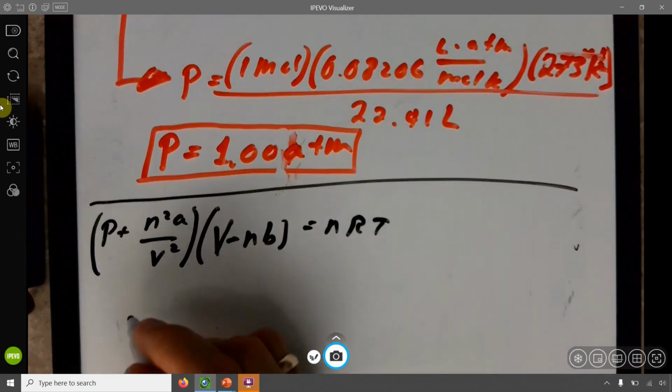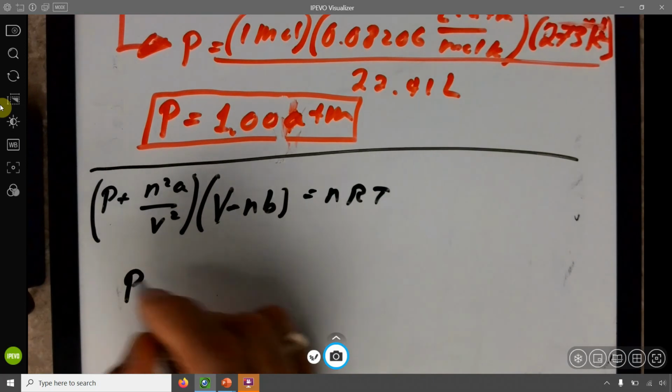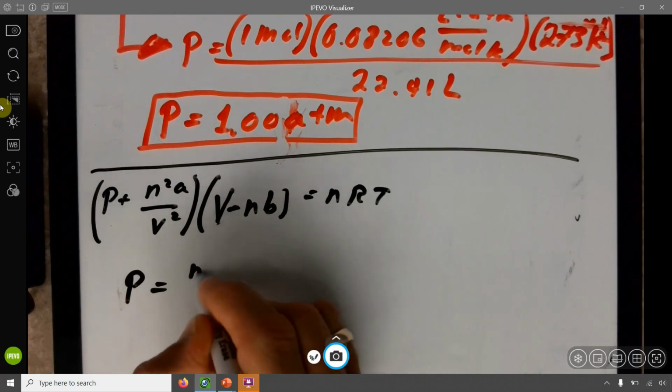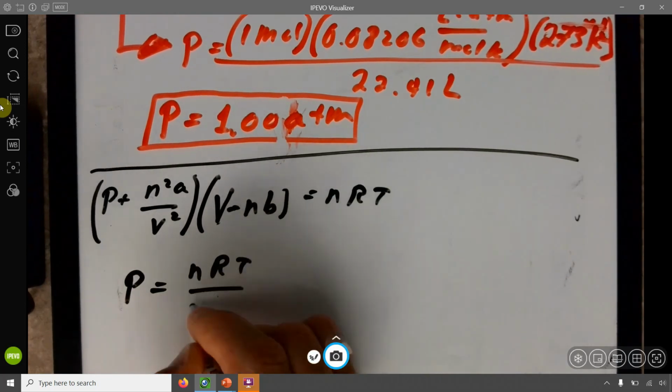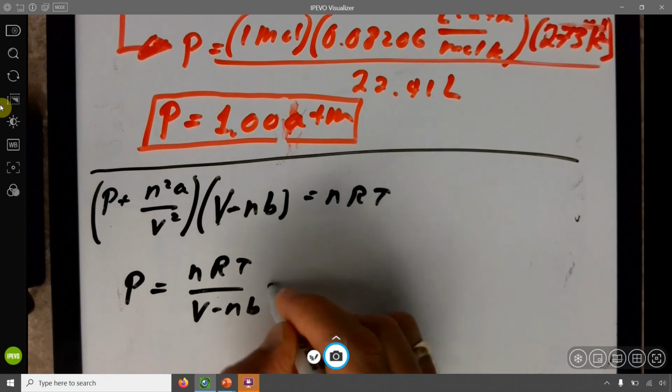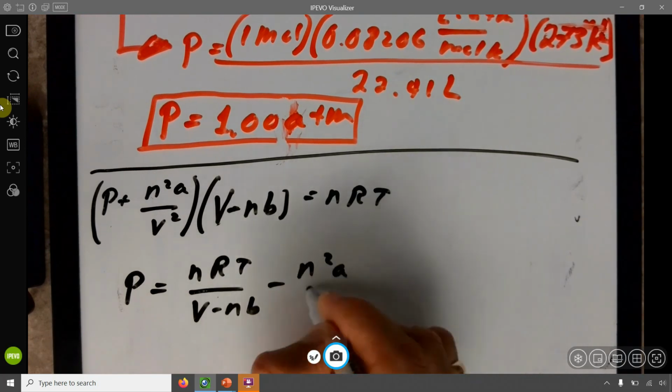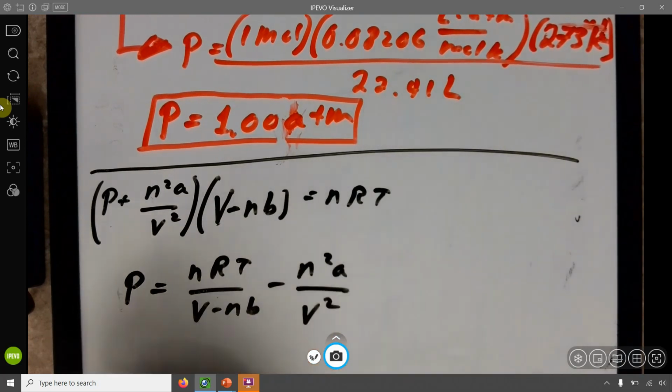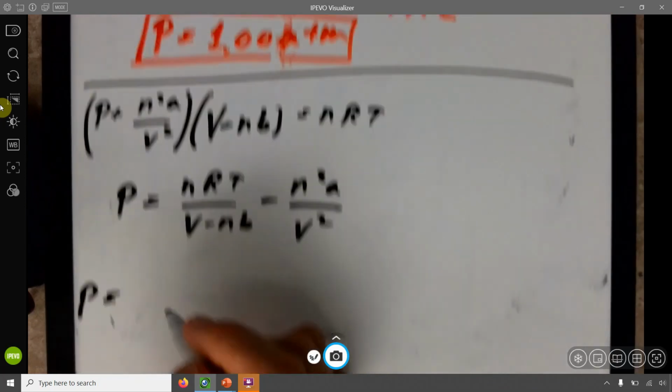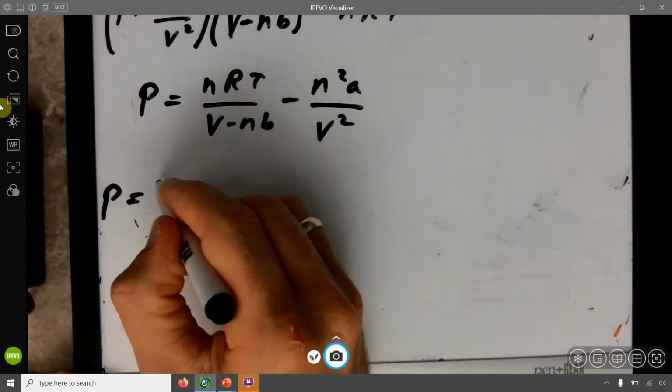Then we're going to solve for pressure. And it's going to be nRT over V minus nB minus n squared A over V squared. And I'm going to substitute everything in, and then we're done.